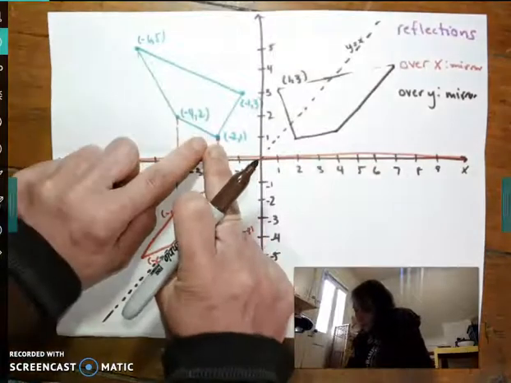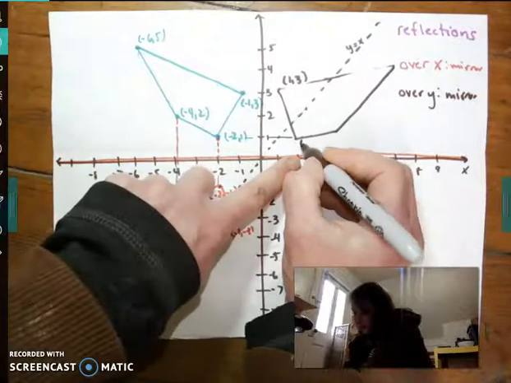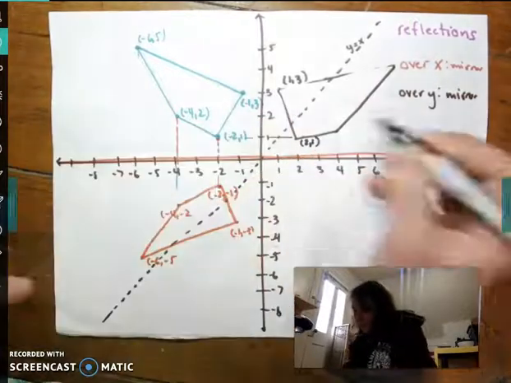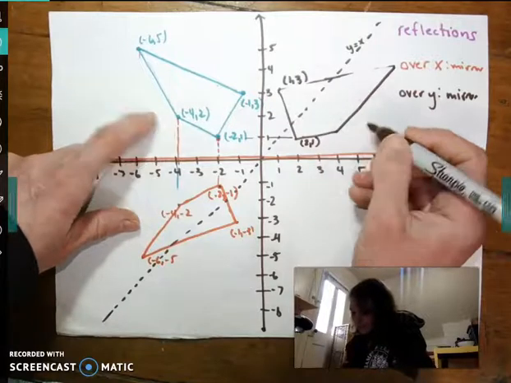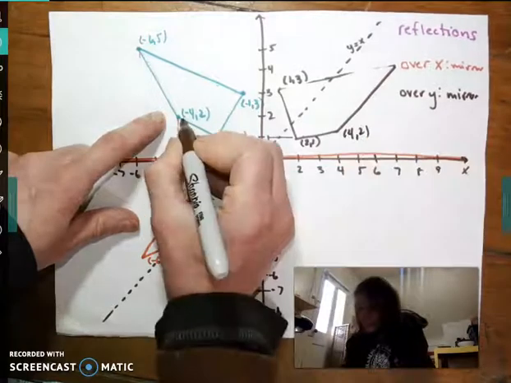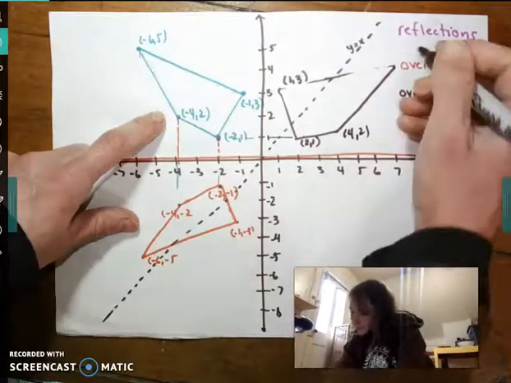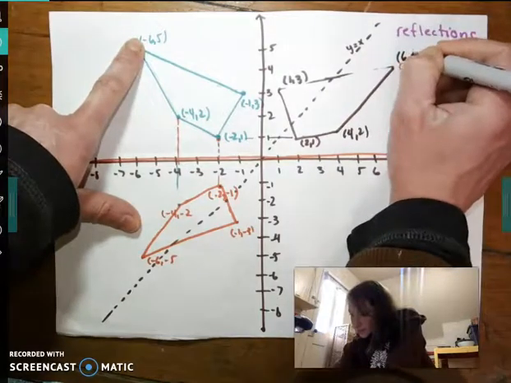This one that was -2, 1 keeps the 1, but the x flips to +2, 1. This one, my picture is not perfect, but is now going to be 4, 2 instead of -4, 2. And this one that was -6, 5 is now on the positive side, so it'll be 6, 5.